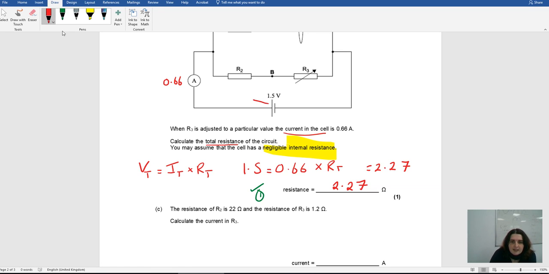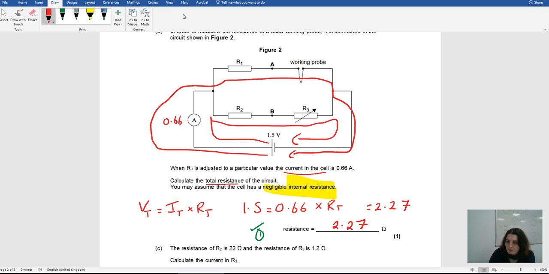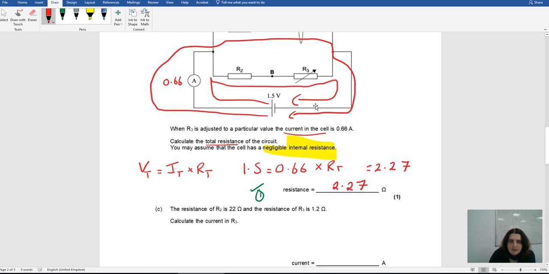Electrons will flow either this way around through R2 and R3, and lose a total potential of 1.5 volts, or they will go the other way through R1 and the probe, and will also lose a total of 1.5 volts of potential. So I know the total potential lost over R2 and R3, and I also know the total resistance over that branch. So I can work out the current over that branch.